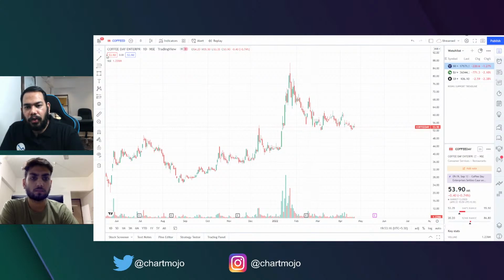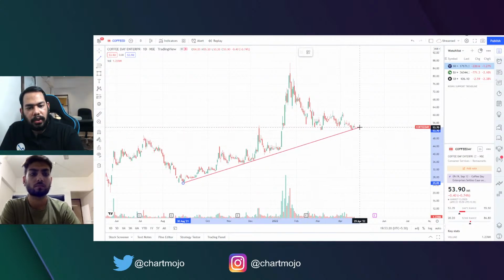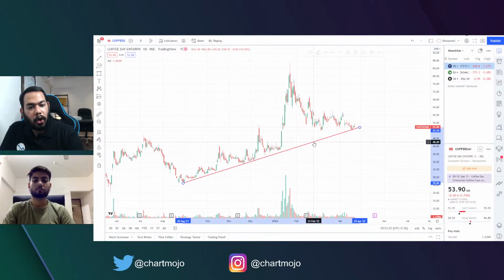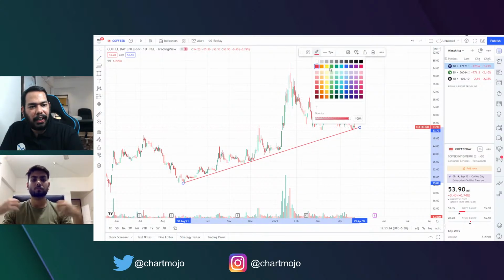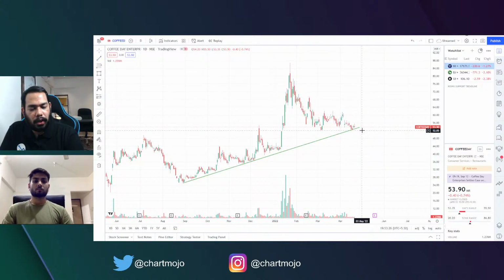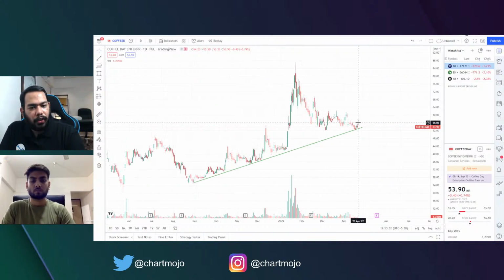Again, if you draw a trend line here, please see the stock is taking support here. This is called a rising trend line. I'll make a video on it, a video on rising trend lines will be out tomorrow.